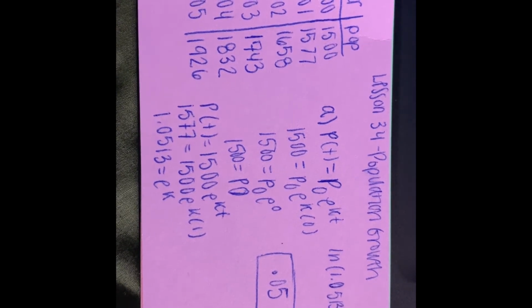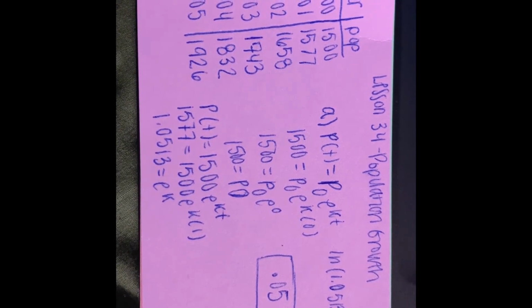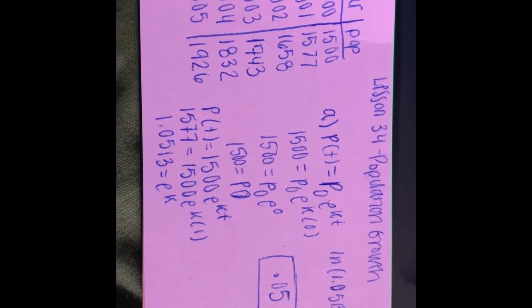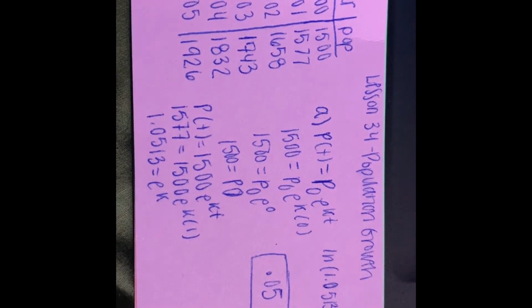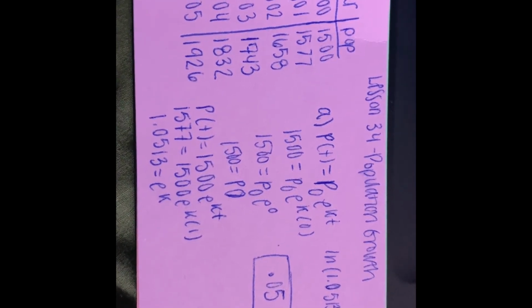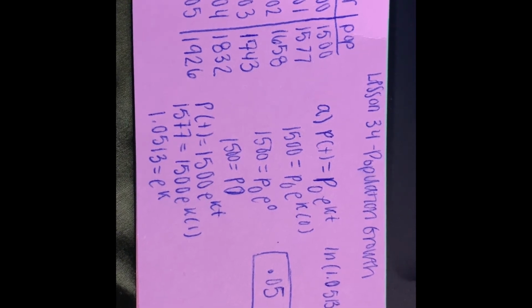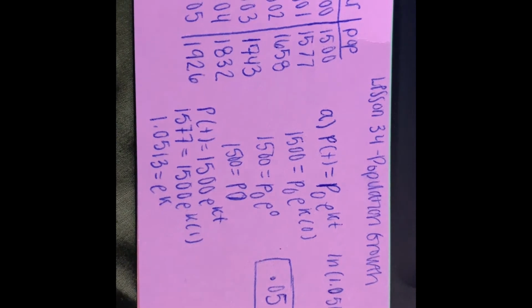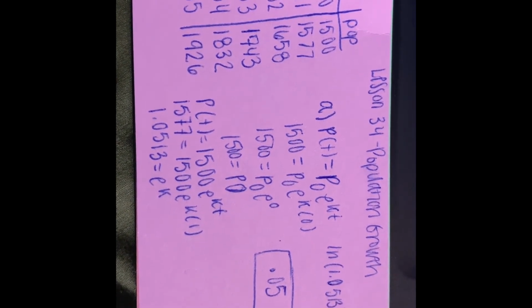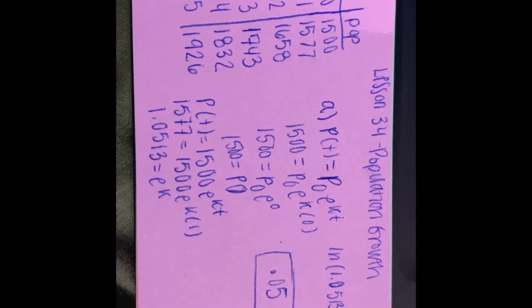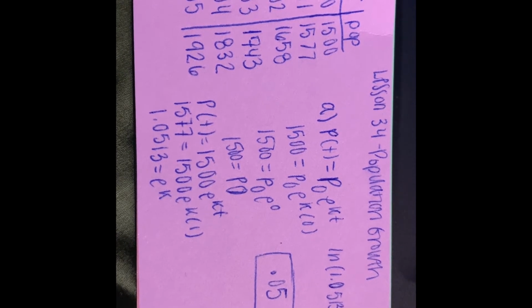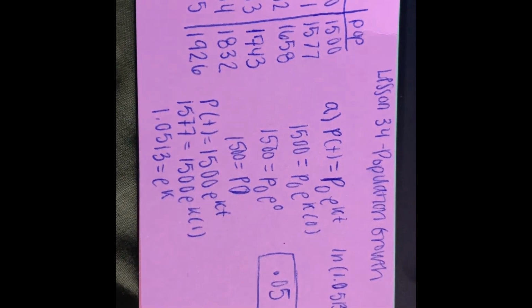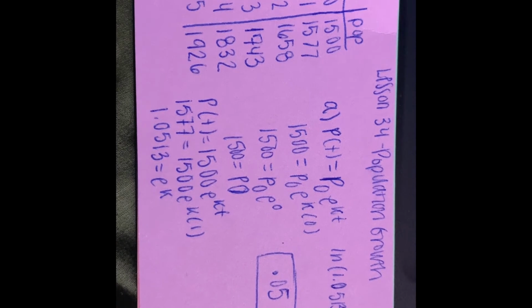And then to find the k, we're going to plug in a value from the table and solve for k. For simplicity, I'll do 2001, so P of 1 is 1577. 1577 equals 1500 times e raised to k times 1. k times 1 is just k, and 1577 divided by 1500 is 1.0513, and that would equal e to the k.